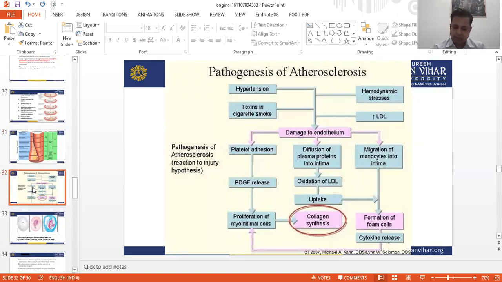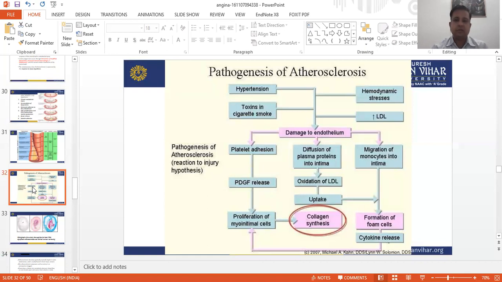Now you can see the pathogenesis of atherosclerosis. Hypertension, hemodynamic stresses, toxins in cigarette smoke, and high levels of low density lipoproteins create damage to the endothelium, which further causes platelet adhesion, which leads to PDGF release, followed by proliferation of myointimal cells that causes collagen synthesis.